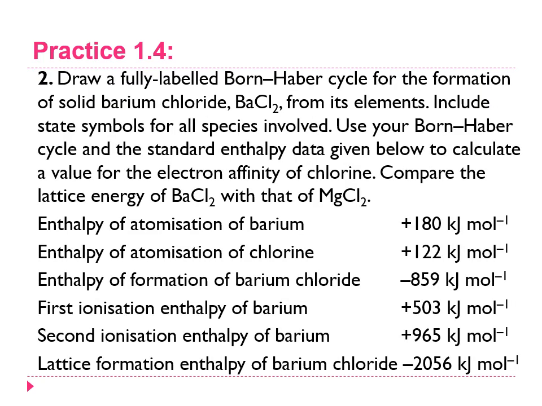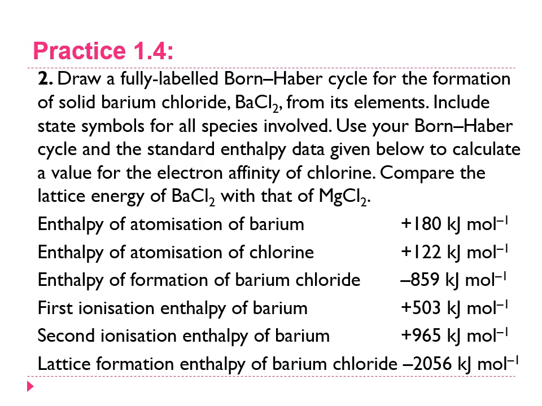For question number 2, you have to draw the Born-Haber cycle, and then you have to label the enthalpy of atomization of barium, chlorine, formation of barium chloride, IE, second IE, and lattice formation. What is not there? Yes, electron affinity.